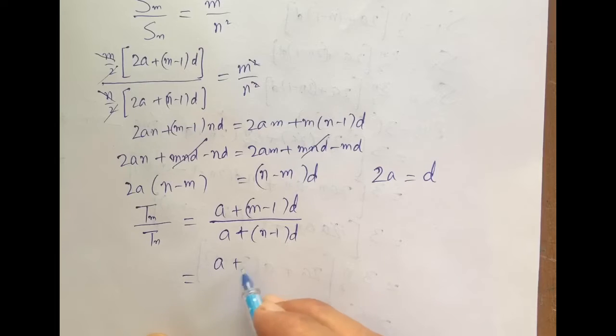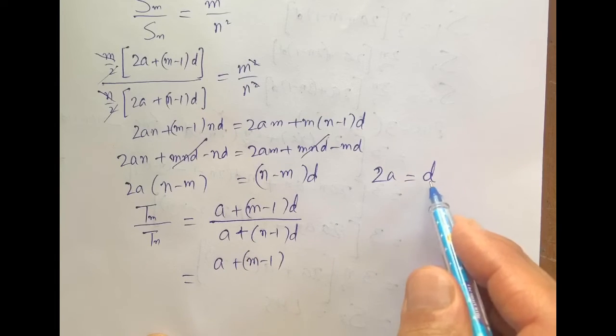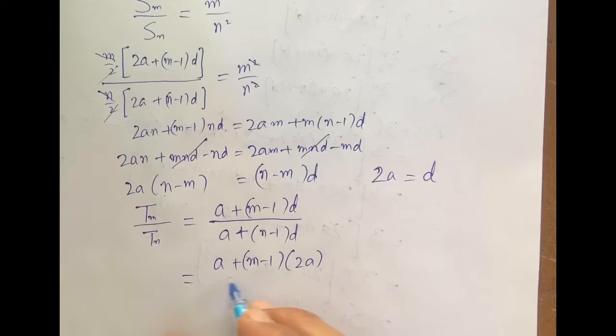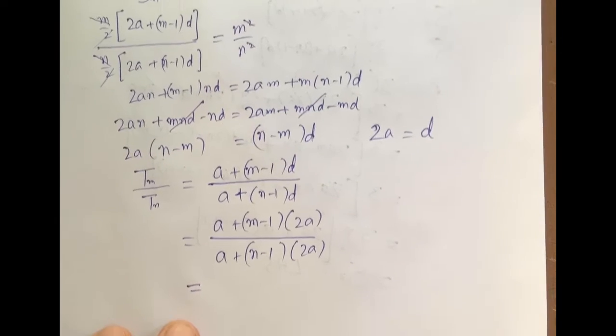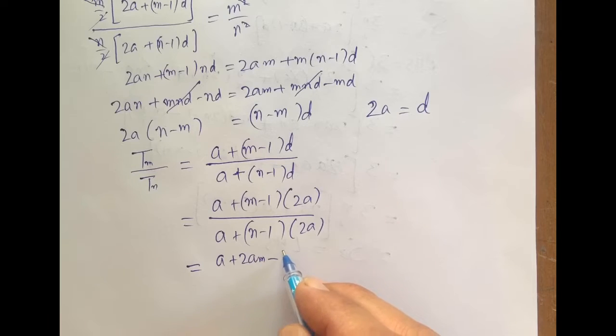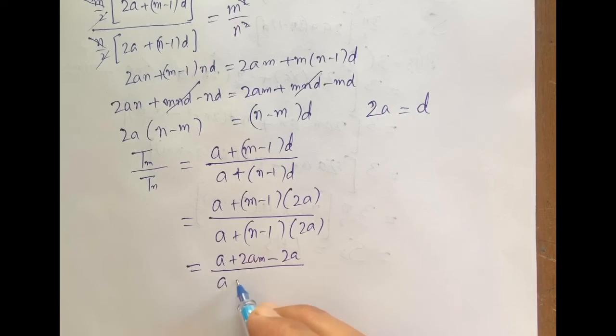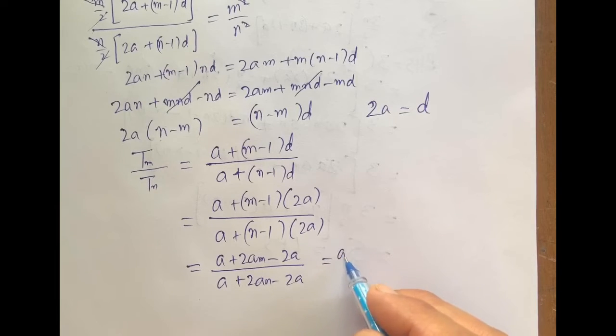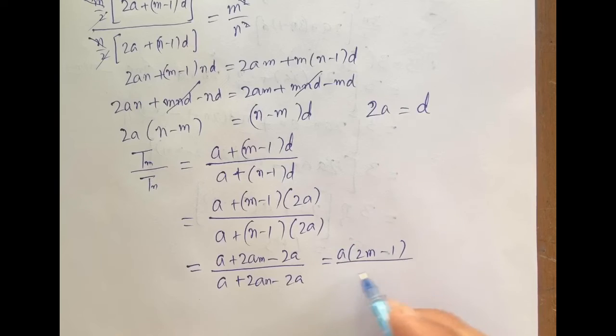Since d is 2a, this is a plus 2am minus 2a upon a plus 2an minus 2a. This is a into (2m minus 1) upon a into (2n minus 1). A will cancel out. So this is (2m minus 1) upon (2n minus 1). This is what we want.